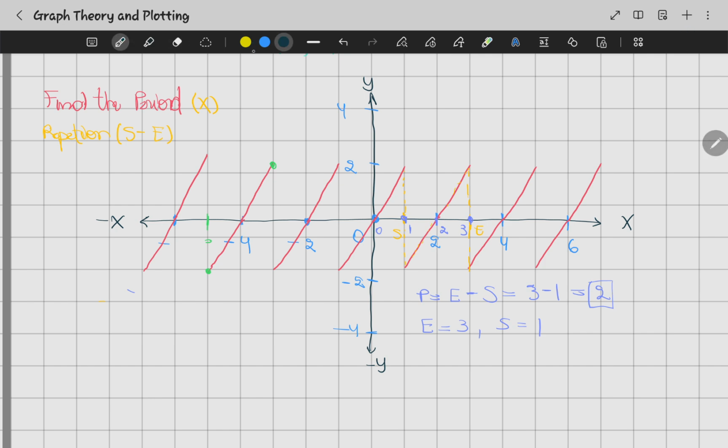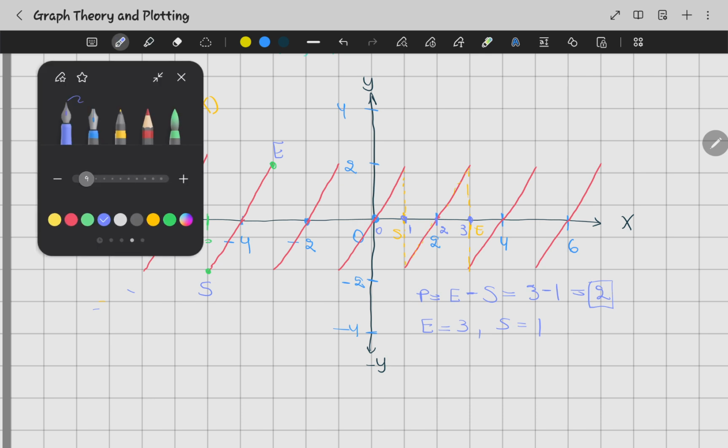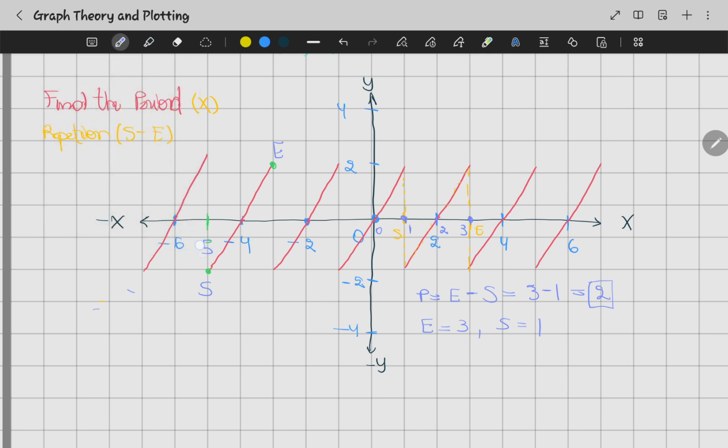I will correct this point, it was supposed to be negative 6. Okay, and then this is where you see the starting point and the ending point. Here we find negative 5, and here we find negative 6.